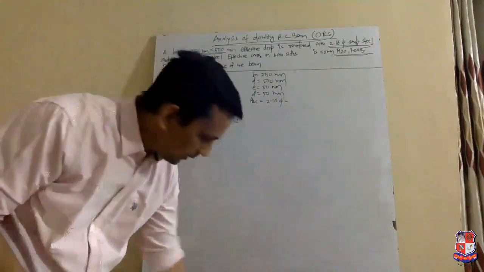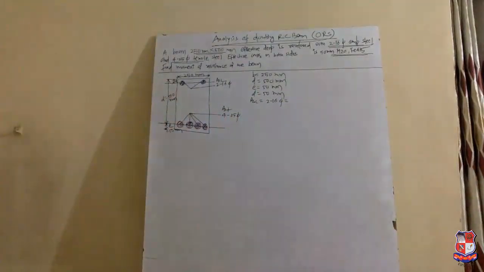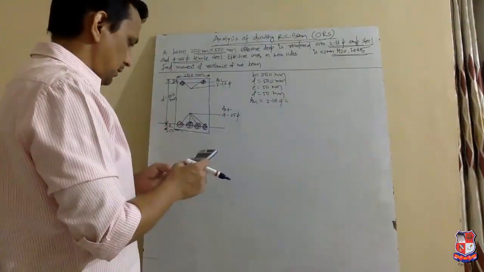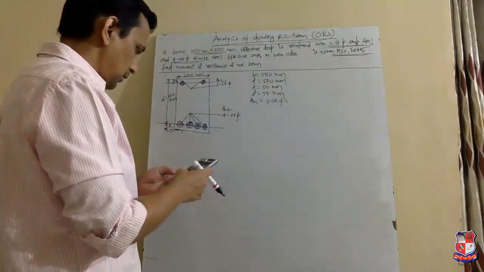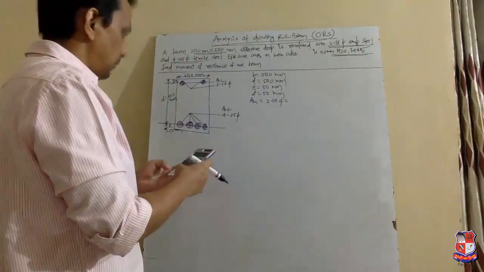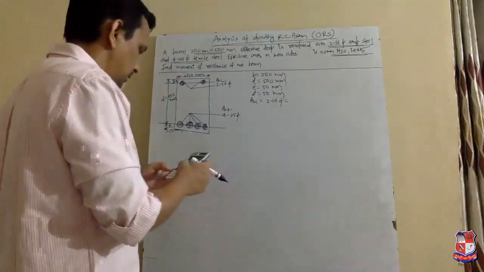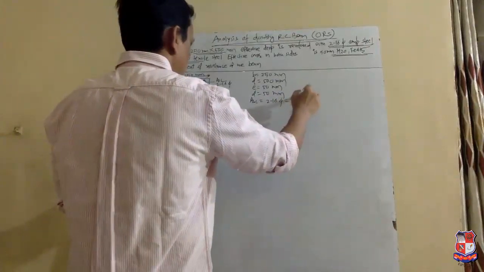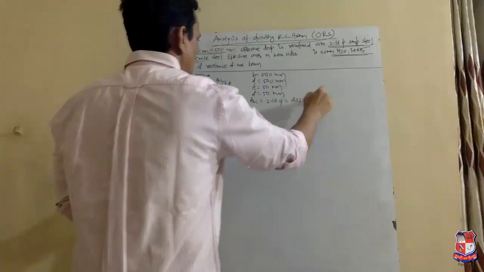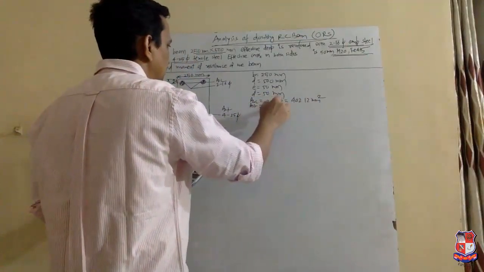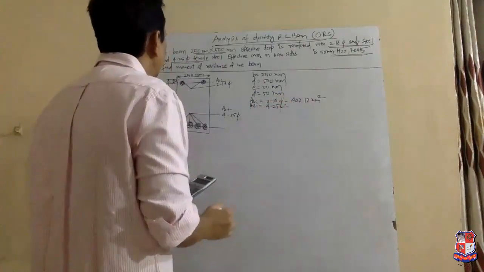So in this way we get the area 402.12 mm square, and AST is 4 number 25 dia.